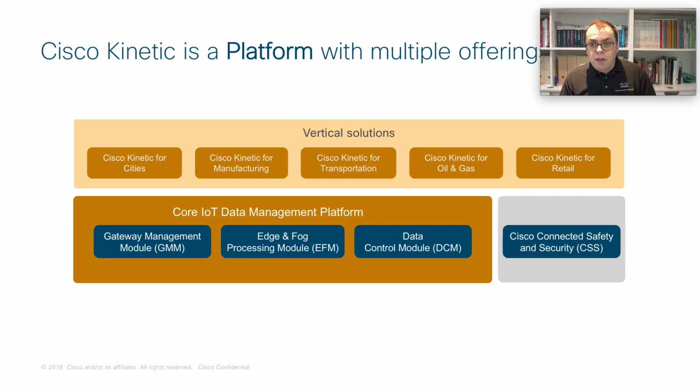In the last video I was talking about GMM. If you didn't have the chance to watch that video, go to YouTube and watch it. Everything you need to know is covered in that specific video. So today we are talking about EFM. This is the module from the middle, and in the next videos I'm going to talk about DCM, the data control module.